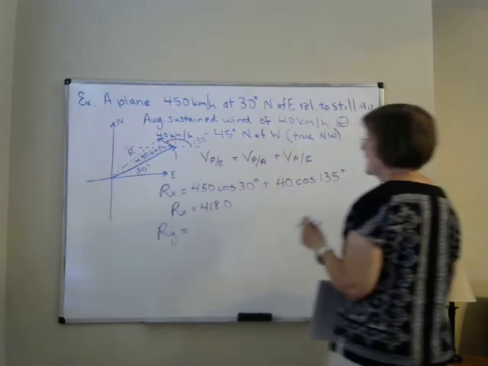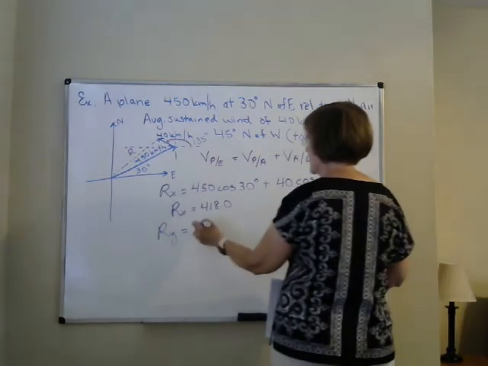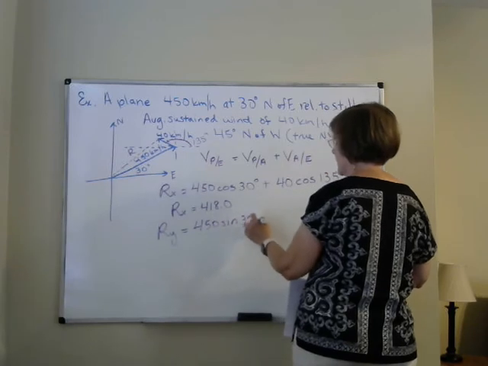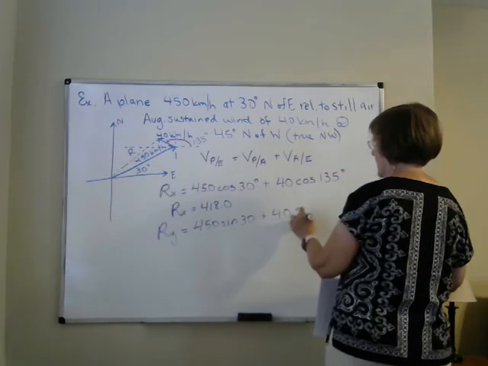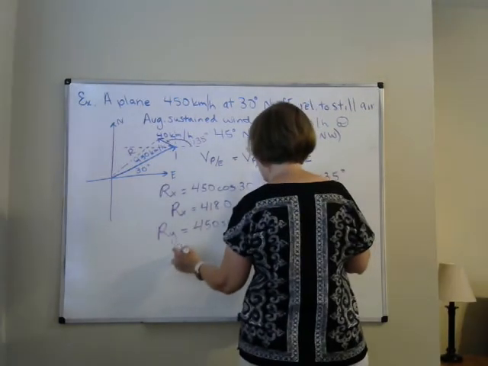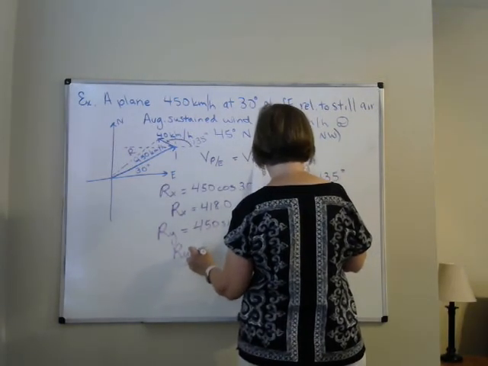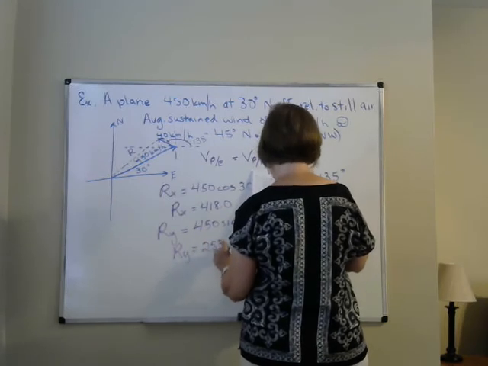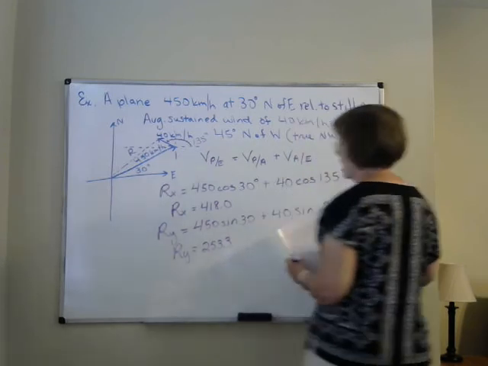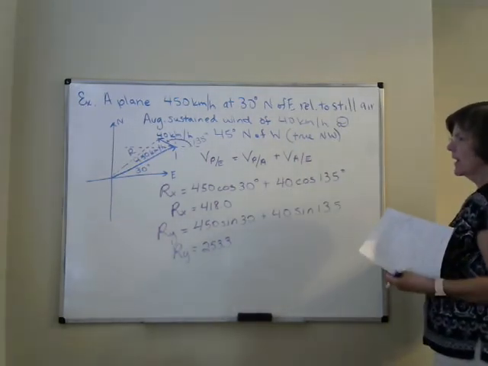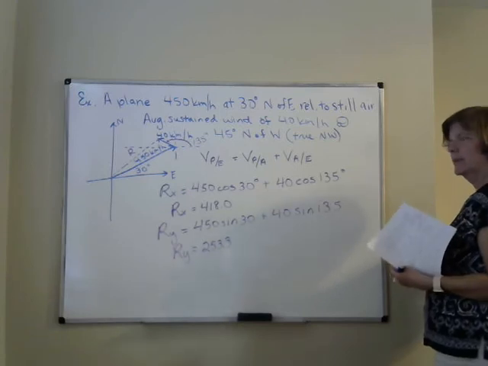I do the same thing with the y components: sine 30, sine 135, and when I add them, the y components add to be 253.3. Now that I know x and y, I use the Pythagorean theorem to put them together.